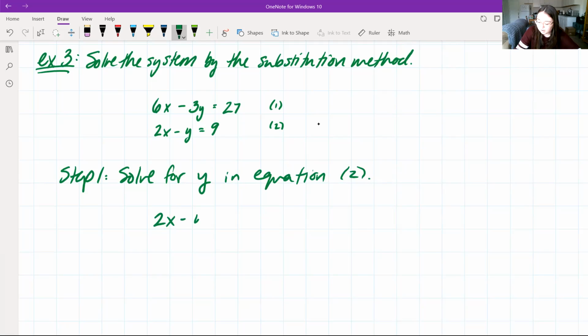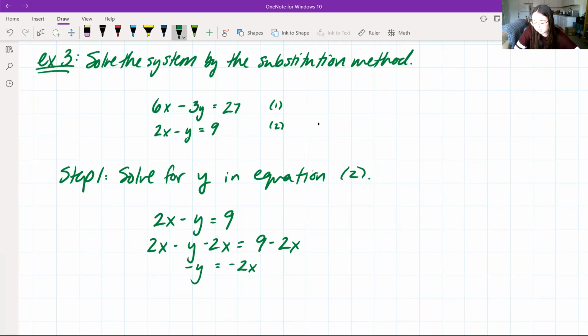So we have 2x minus y is equal to 9. We want to isolate y on one side, so we're going to subtract 2x from both sides. Minus 2x is equal to 9 minus 2x. So now our 2x's cancel out on our left-hand side, leaving us with negative y is equal to negative 2x plus 9.